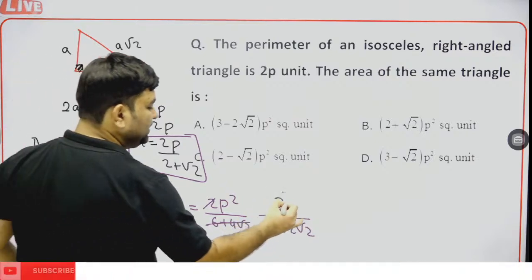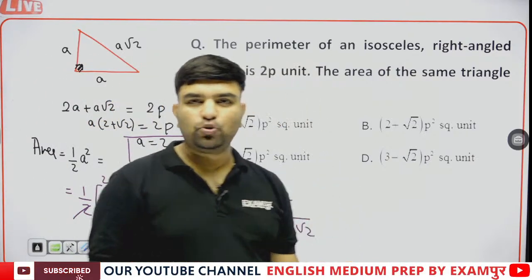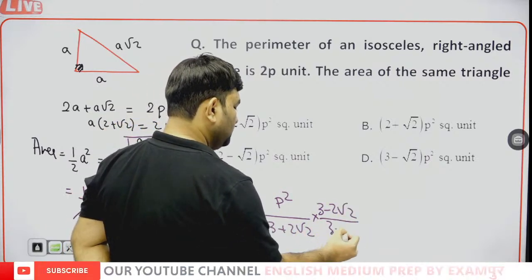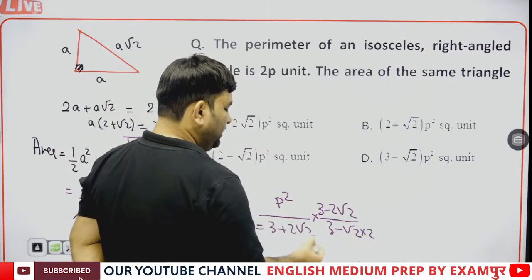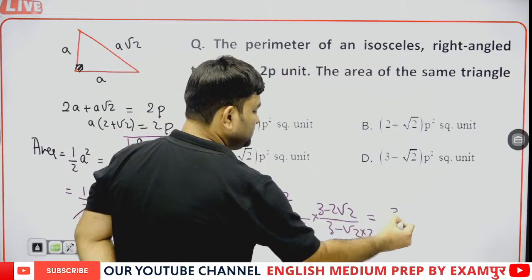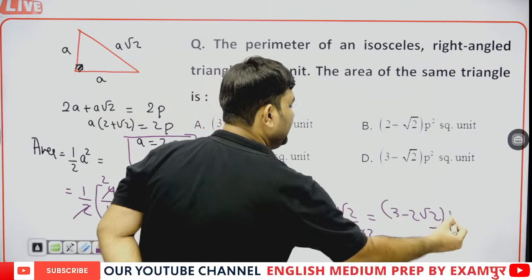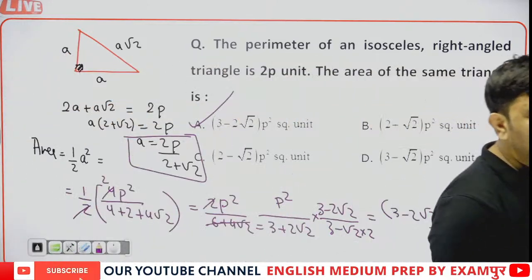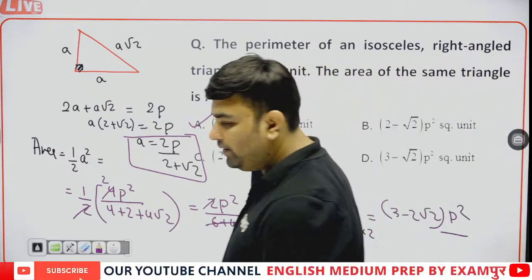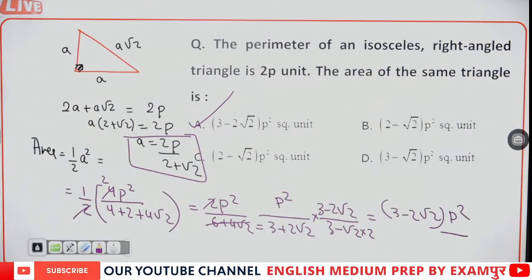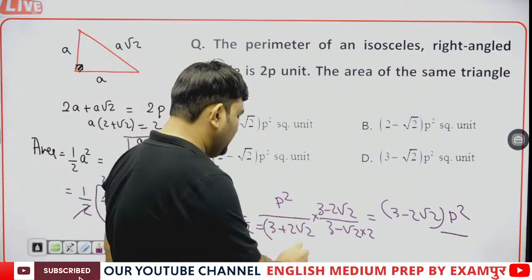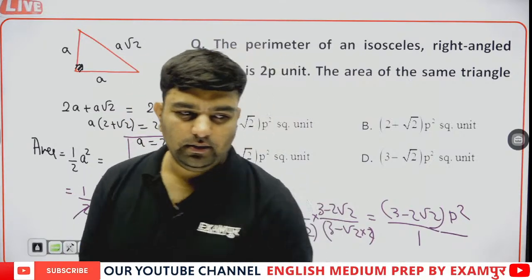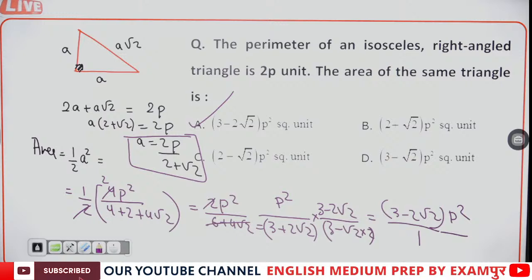Rationalize by 3 minus 2 root 2. 9 minus 8 is 1. The denominator is becoming 1. So 3 minus 2 root 2 times p square is the answer.